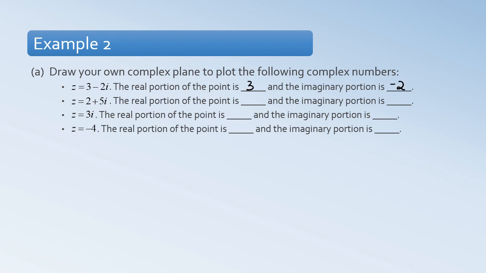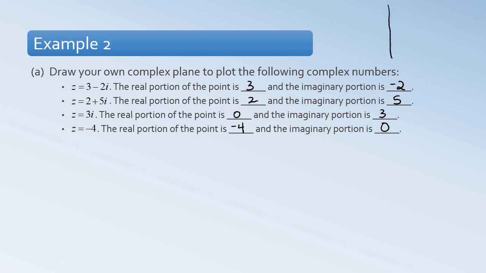For z equals 2 plus 5i, the real portion is 2, and the imaginary portion is 5. In z equals 3i, the real portion is 0, and the imaginary portion is 3. And in z equals -4, the real portion is -4, and there is no i in this one, and so the imaginary part is 0.